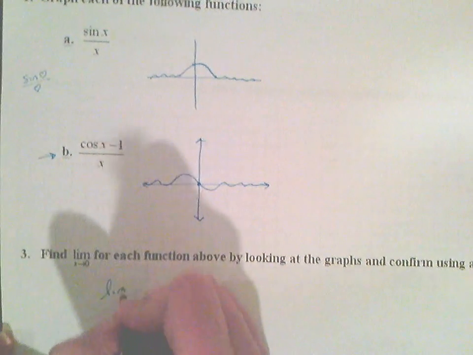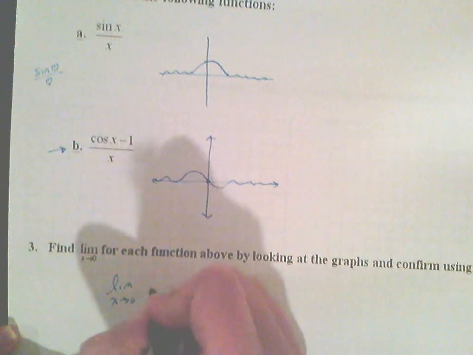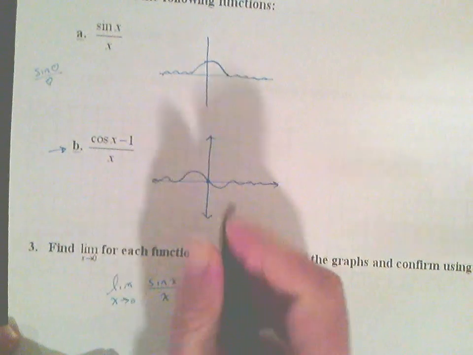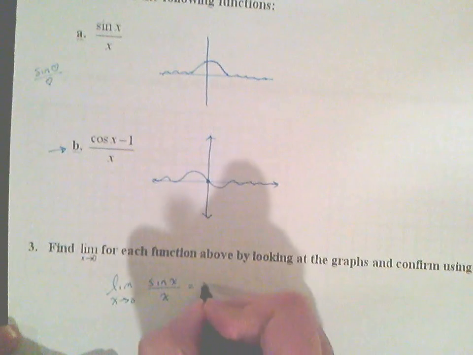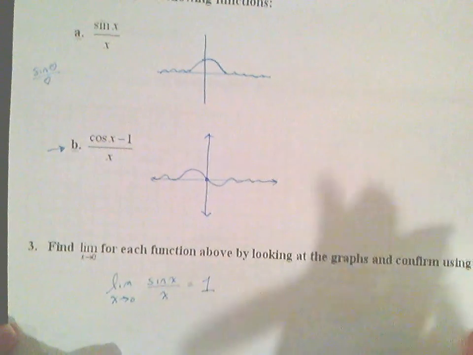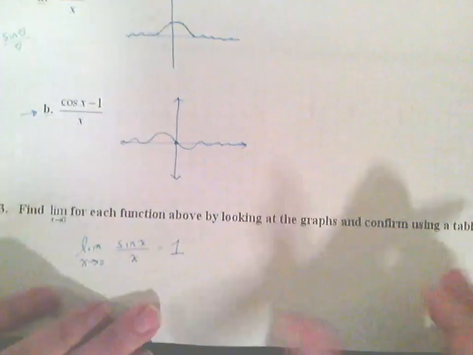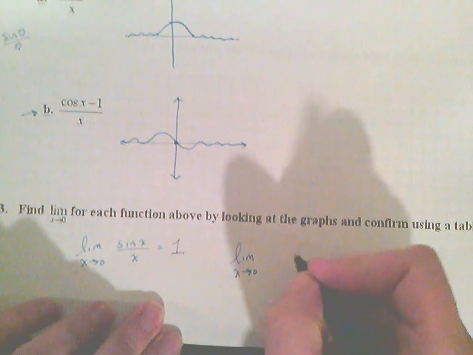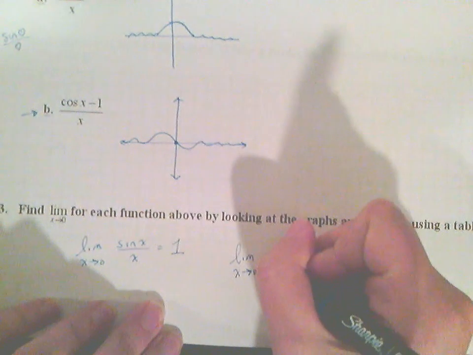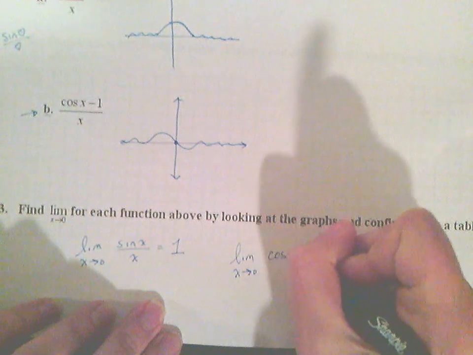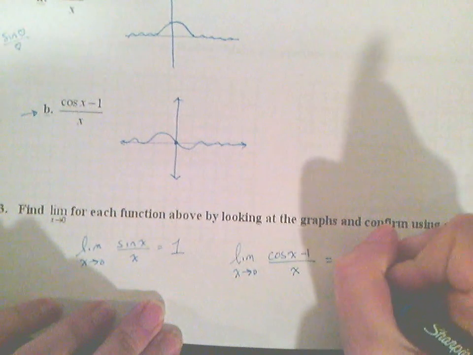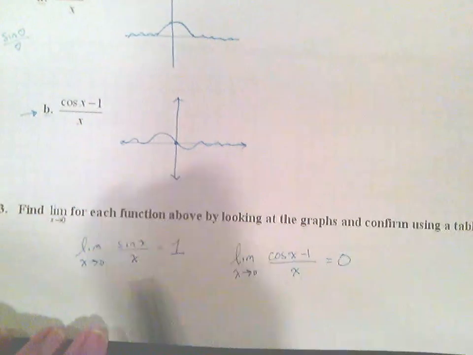The limit as x approaches 0 for sine of x over x, from the graph, we notice that it's 1. And then the limit as x approaches 0 of cosine of x minus 1 over x is equal to 0.